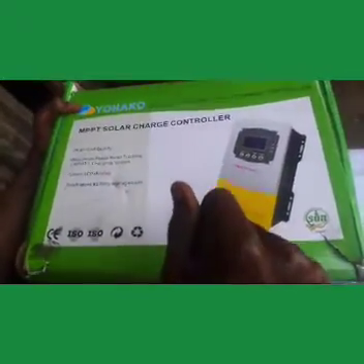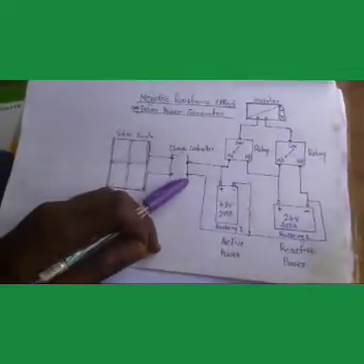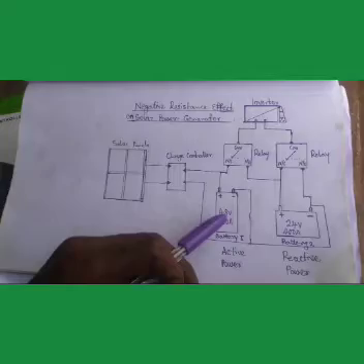This charge controller happens to be one of the best in our experiment. So this is a charge controller. Then you also need a 48 volt battery source. Then you also need a 24 volt battery bank.